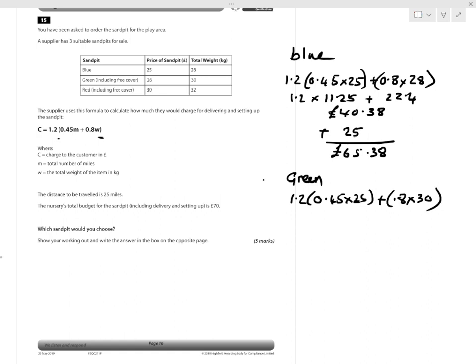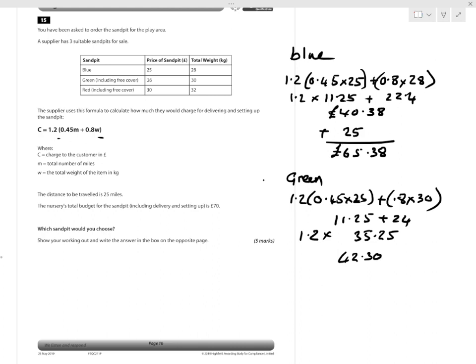So 0.45 times 25 is 11.25, 11.25 plus 0.8 times 30 is 24, so that's 35.25 times the 1.2. 35.25 times 1.2 is 42.30.